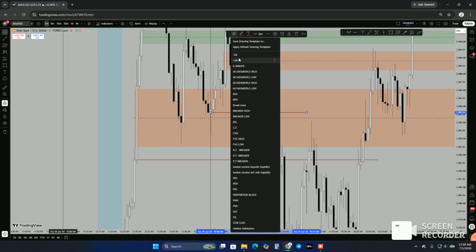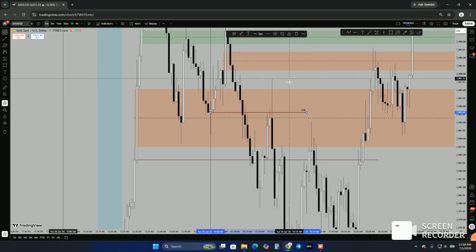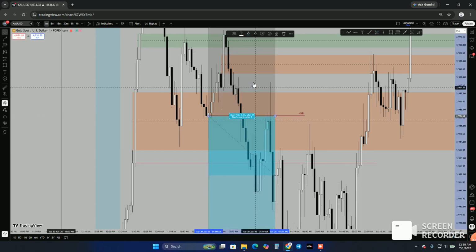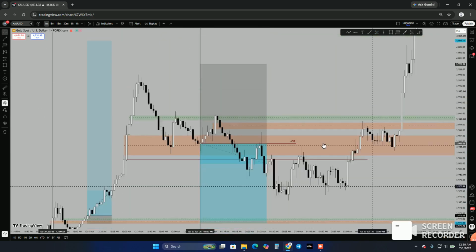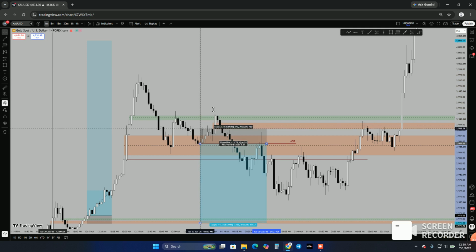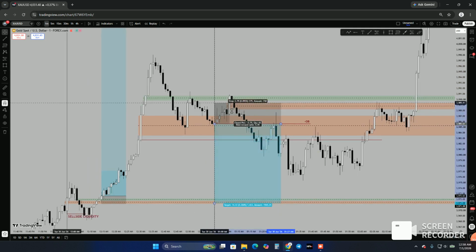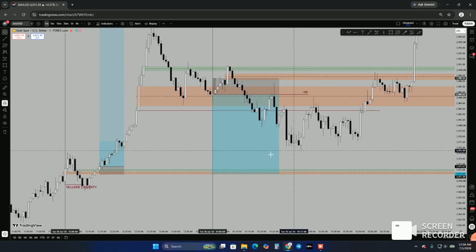This is the minus OB, minus order block, and I knew that he doesn't want to go above this high. So what would be my scalping scenario here? My scalping scenario would be from the second gap low to where?